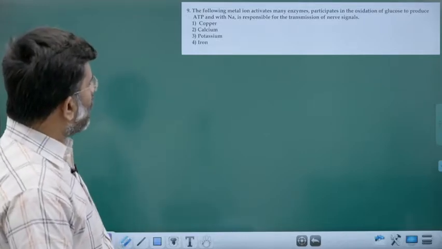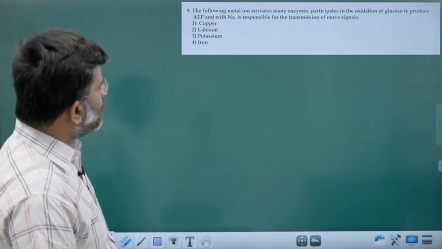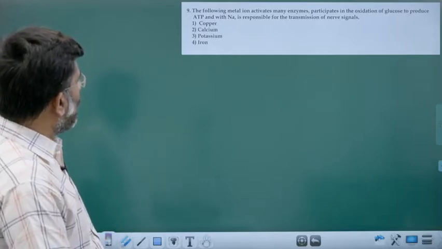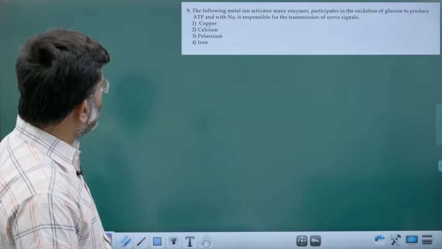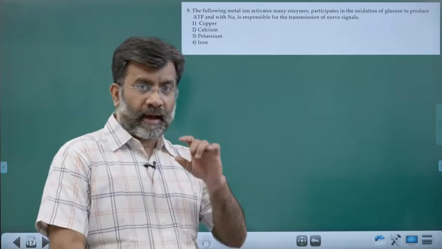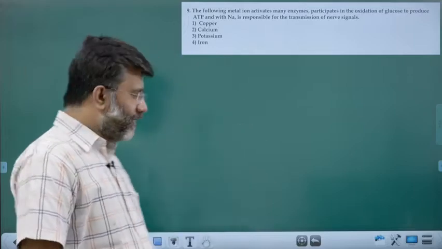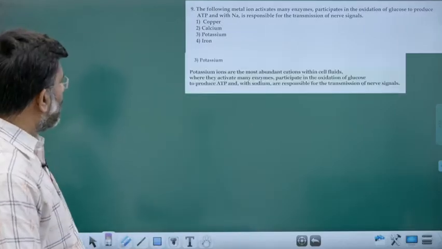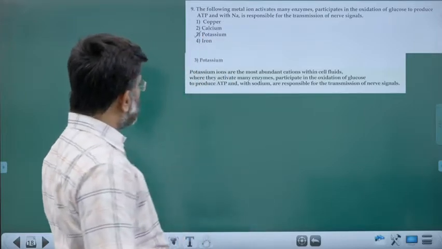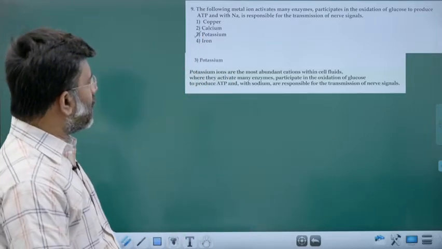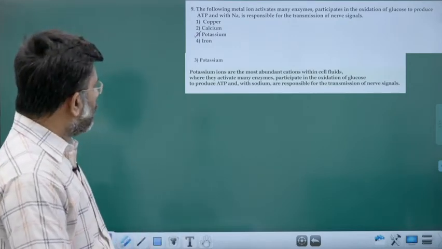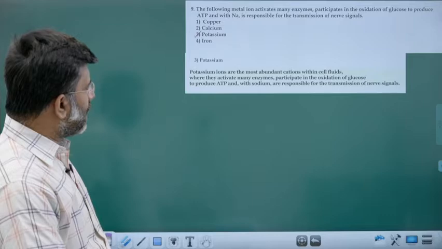The following metal ion activates many enzymes that participate in the oxidation of glucose to produce ATP, and with sodium is responsible for nerve impulse conduction. Another question from the area I have told you, and it is potassium. Potassium ions are the most abundant cations within the cell fluid, where they activate many enzymes.